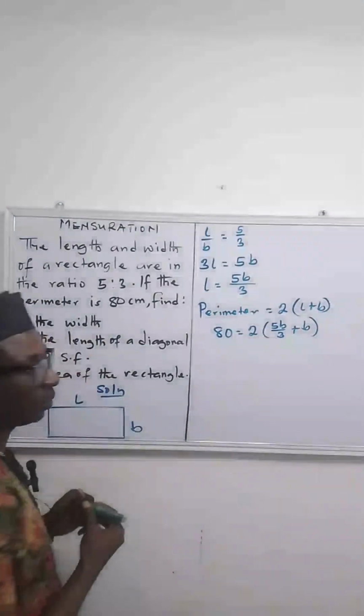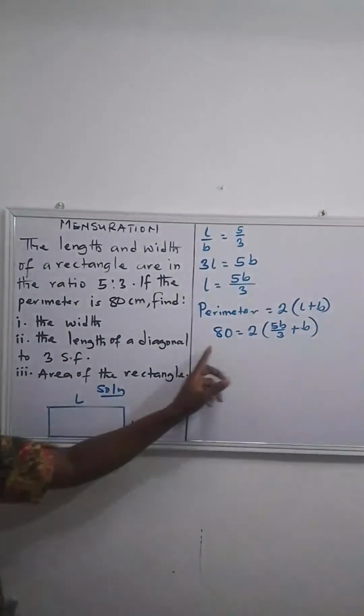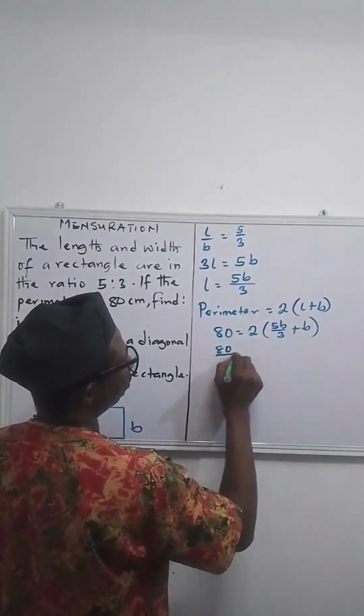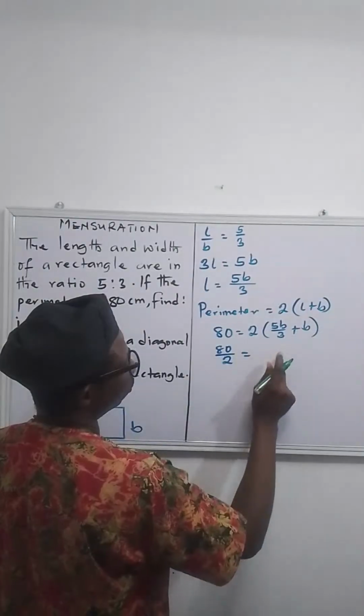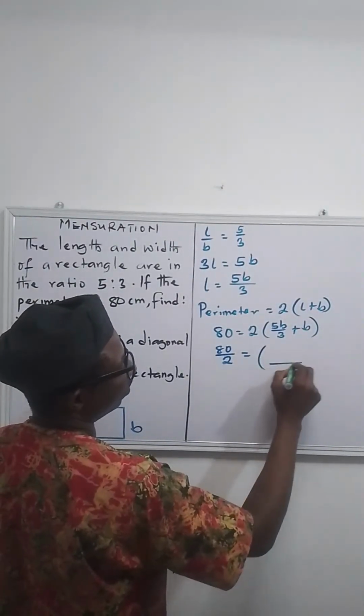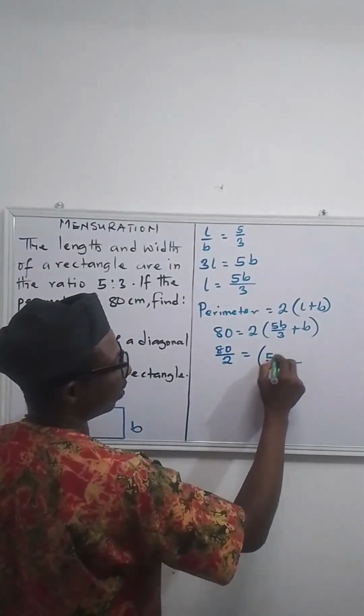Here we can divide both sides by 2. When you do that, you have 80 over 2 equals, now let's find a way of adding this. The LCM here is 3. 3 goes in 3, that's 1, we have 5b.